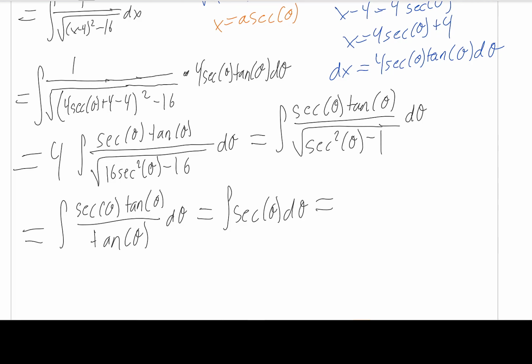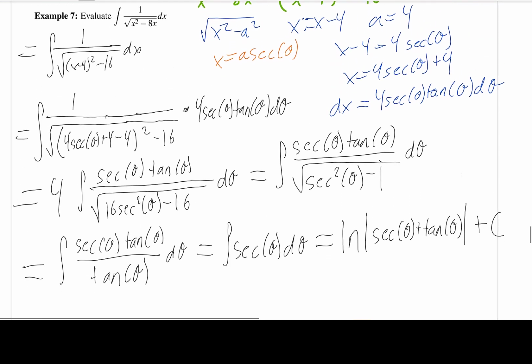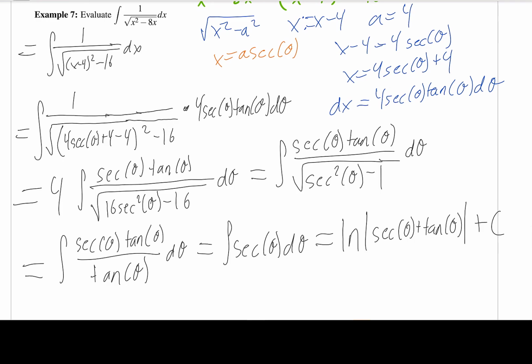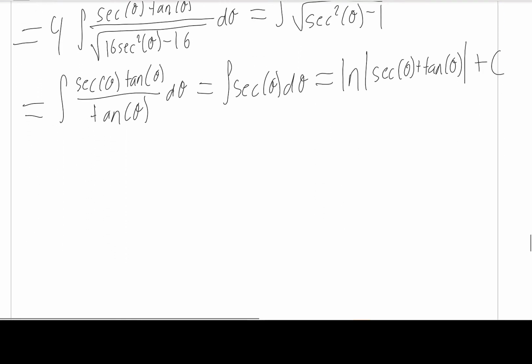And so now we'll use what we proved at the beginning of this, which is that this is equal to the natural log of the absolute value of secant theta plus tan theta plus c. So now I need to use what we started with, which was x minus 4 equals 4 secant theta.